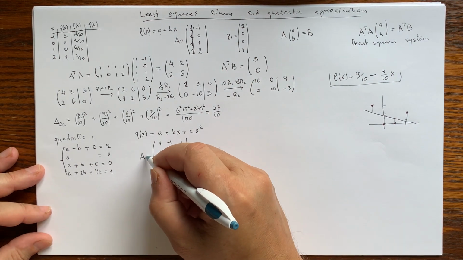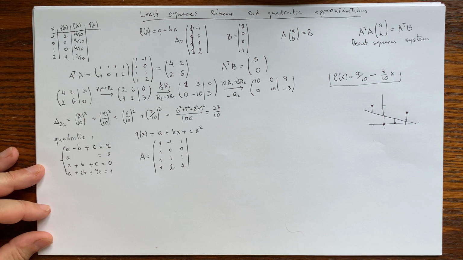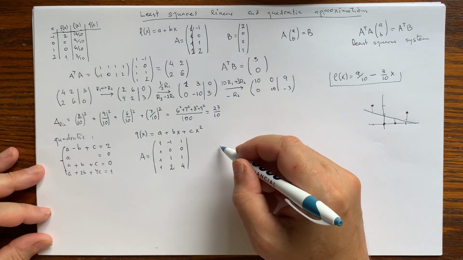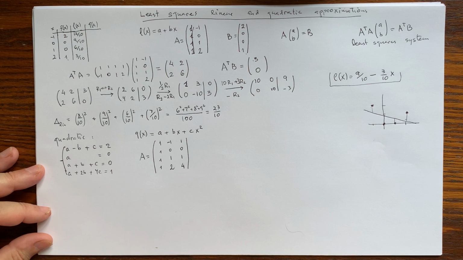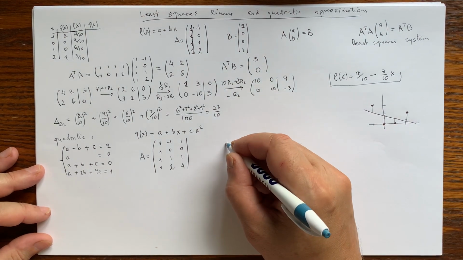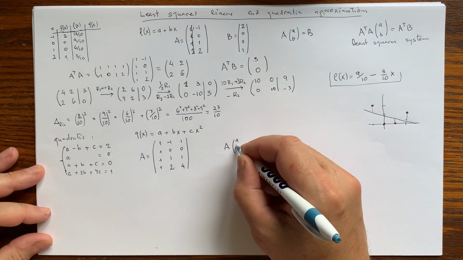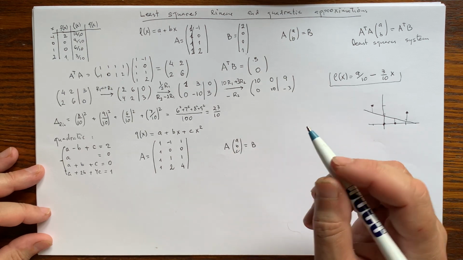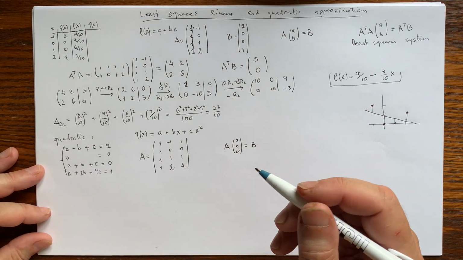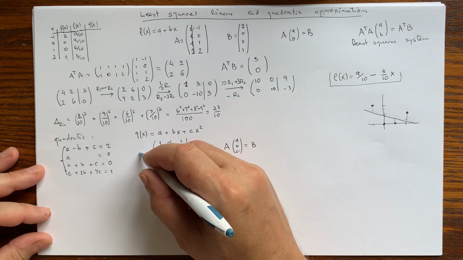That is now our new matrix for the bulk, still calling it A. And the column B is the same column as we used to have. So we are solving now the system A times the unknown column (a, b, c) being equal to the same B.